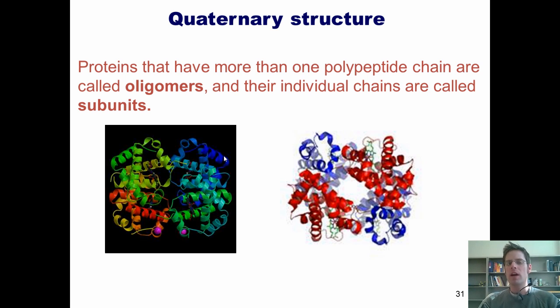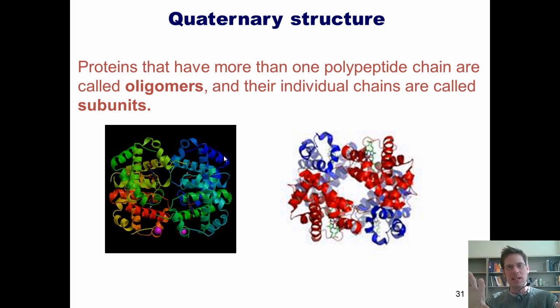And turns out not all proteins have quaternary structure. The only proteins that have quaternary structure are proteins that have more than one polypeptide chain. So if you have a protein that really is only one polypeptide chain twisting around in one big long pile of coils and loops and helices, that cannot possibly have quaternary structure.